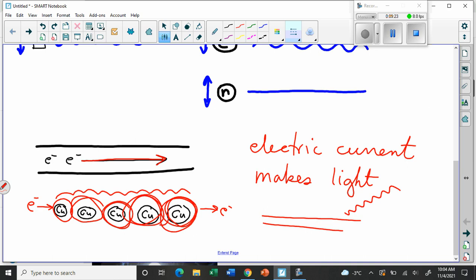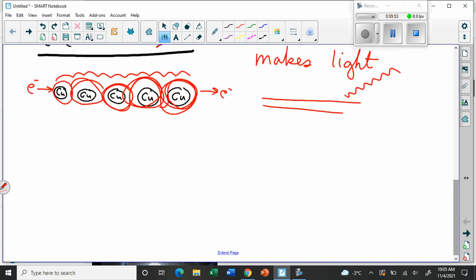We can get a little meter and put it near a wire, and if electricity is turned on, the ripples coming off the wire will affect the meter and make the meter wiggle and show us that there are wiggles there. So electric current can produce light. Now, usually electric current produces light that's not the kind we can see. So we don't notice it, but it's there.